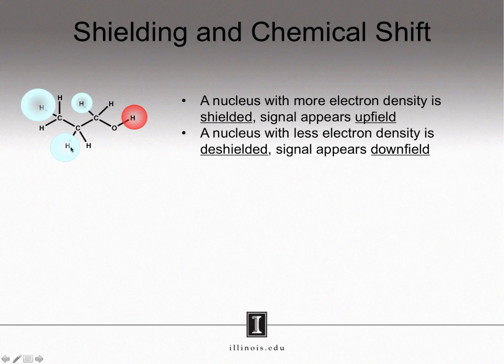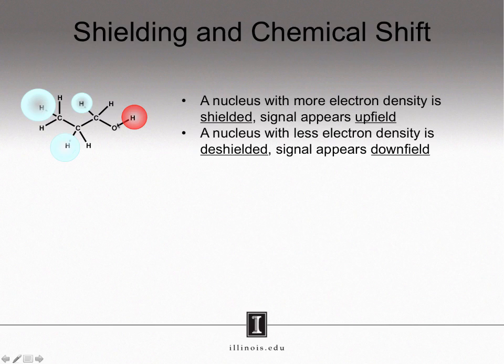Let's go next door to this proton. Is this shielded or deshielded? The oxygen is pulling electron density from this proton in the middle. However, because this proton is farther away, it is not losing as much electron density. As a result, it is more shielded than the first proton, but still it is slightly deshielded. This is all about comparisons here. Let's look at this final proton on the left. Is this shielded or deshielded?